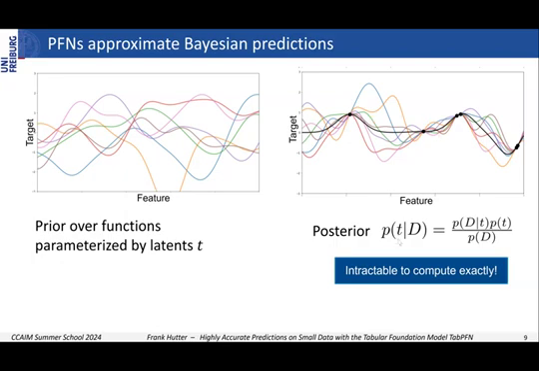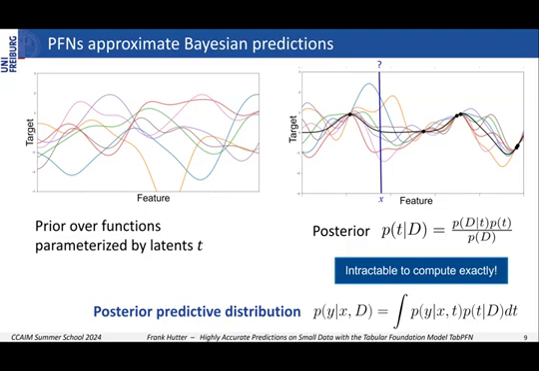And so you would build a posterior over the latent factors that govern these functions. And actually doing this is unfortunately intractable to compute in almost all settings except for Gaussian processes. Gaussian processes are just this one exception.